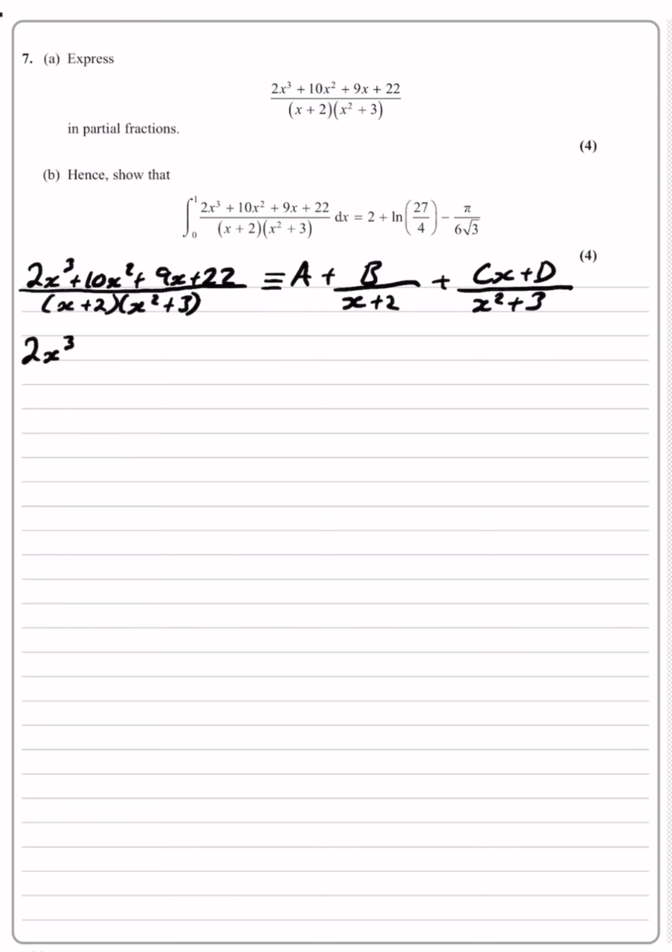All right, multiplying through by x plus 2, x squared plus 3.